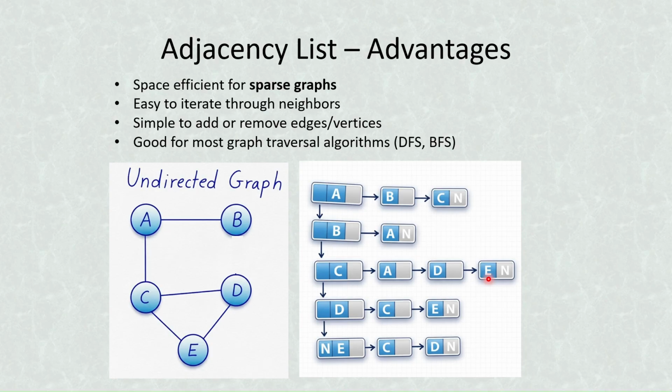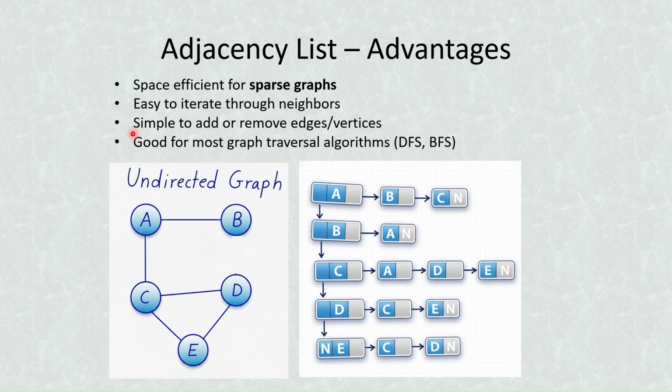Through that I will easily get to know which are the neighboring vertices of C, as the adjacency list only stores the information of the adjacent elements. It is not storing information related to which vertices C is not connected. But in the case of the matrix, we are storing both.